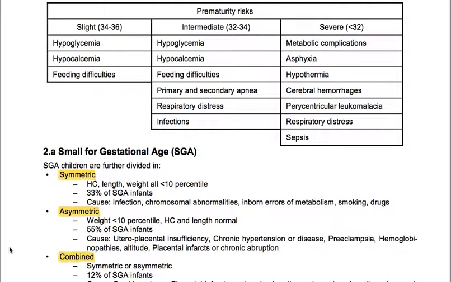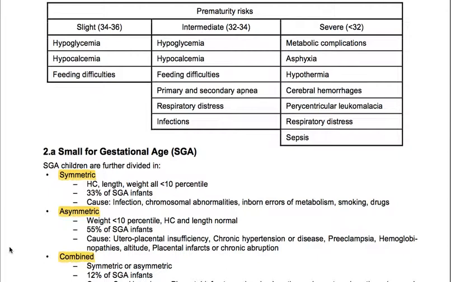Prematurity risks are, between 34 and 36 weeks, hypoglycemia, hypocalcemia, feeding difficulties. If it's between 32 and 34, so intermediate prematurity, we can have hypoglycemia, hypocalcemia, feeding difficulties, and also primary and secondary apnea, respiratory distress, and infections.